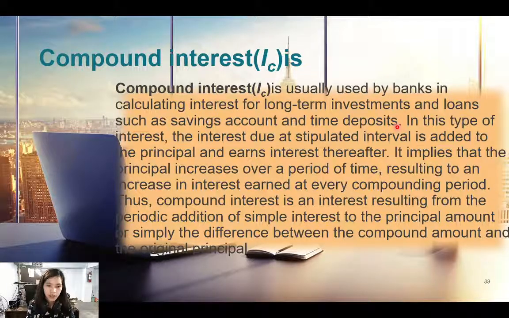It implies that the principal increases over a period of time, resulting to an increase in interest earned at every compounding period. Thus, compound interest is an interest resulting from the periodic addition of simple interest to the principal amount, or simply the difference between compound amount and the original principal.